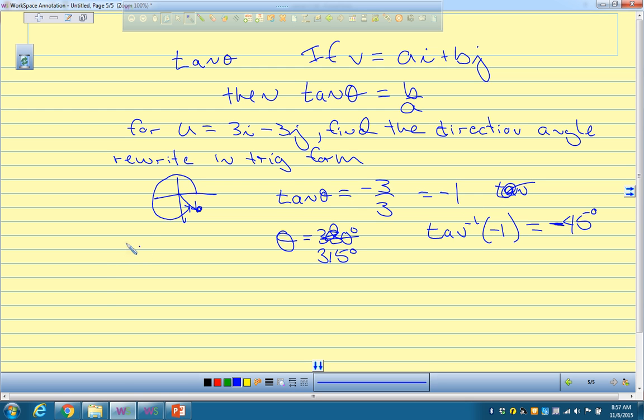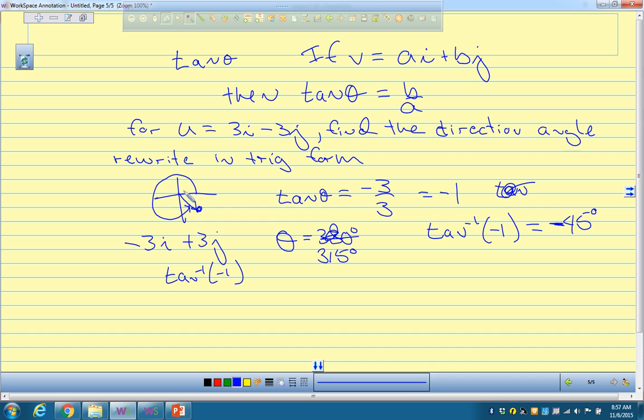What if I had my vector -3i plus 3j? Then what would be my direction angle? 135. Yeah, so that's where you have to be really careful, because if I took the inverse tangent again of -1, I'm going to get my -45 again.